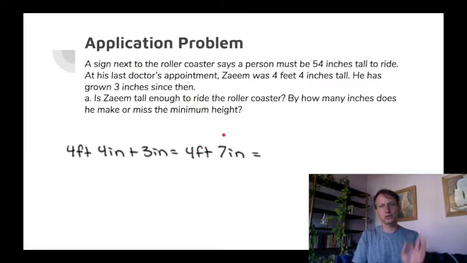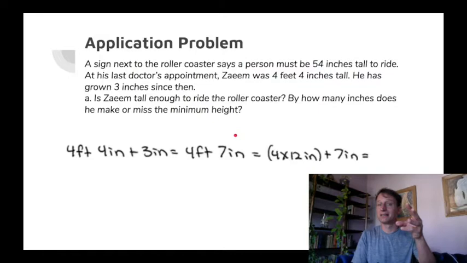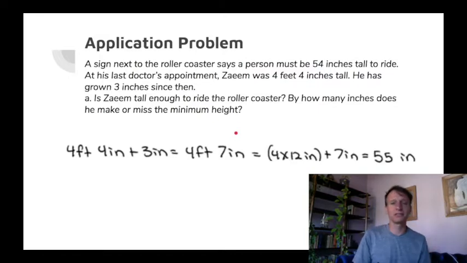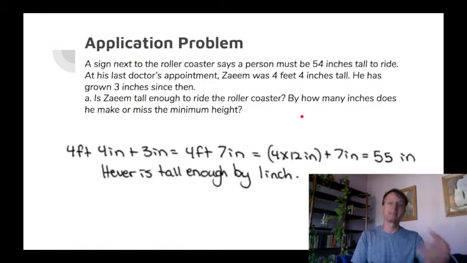Well, it's 4 times 12. 12, 24, 36, 48, there's that number again, plus 7, 48 plus 7 is 55. Okay, so he's 55 inches tall. So by how many inches does he make it? He's an inch taller than he needs to be. He can take his shoes off and still make it on.